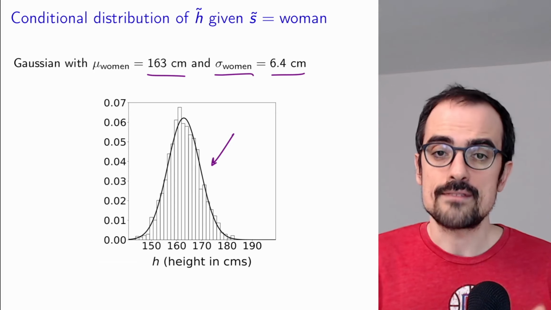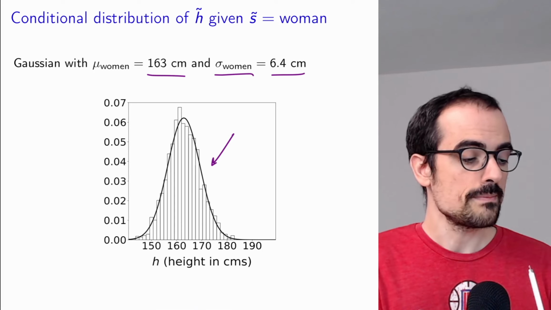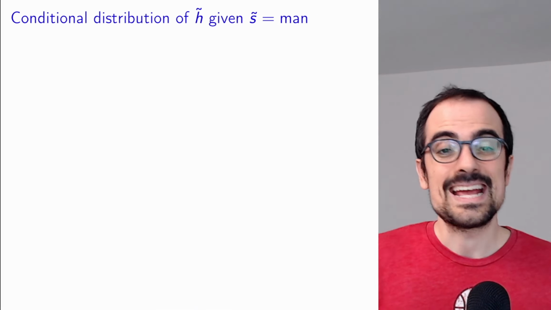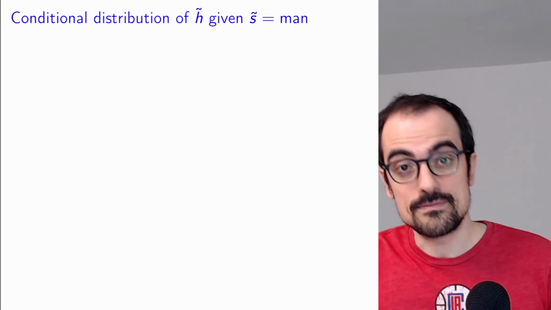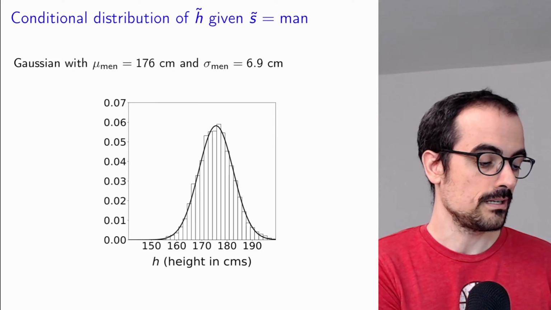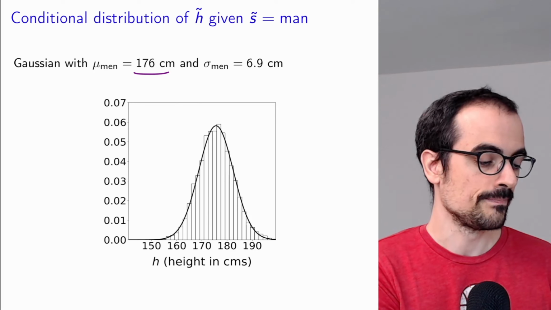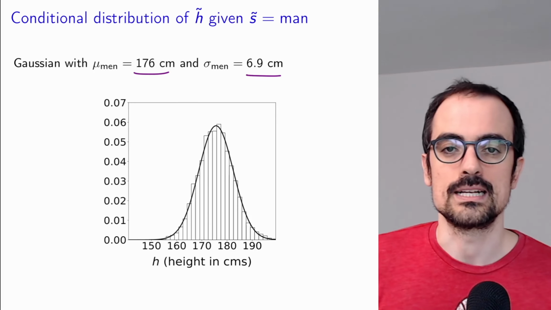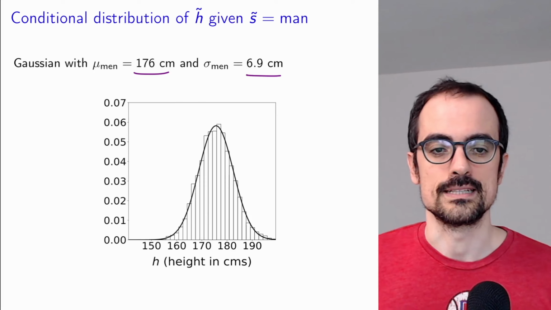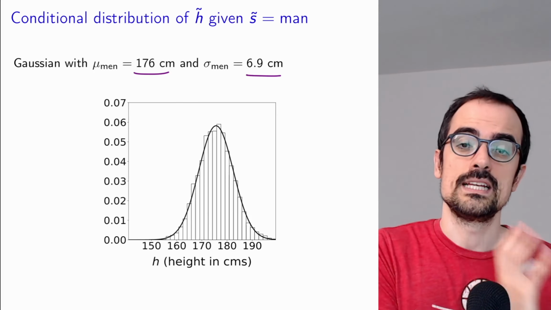Okay, so we have our model of the features given the class for women. What do we do for men? Exactly the same, except now we're going to have different parameters, okay? We're going to have a different mean, which is taller in this case, 176 centimeters, and a standard deviation that is actually kind of similar, 6.9 centimeters. Okay, so we have a parametric model given the women, parametric model given men.